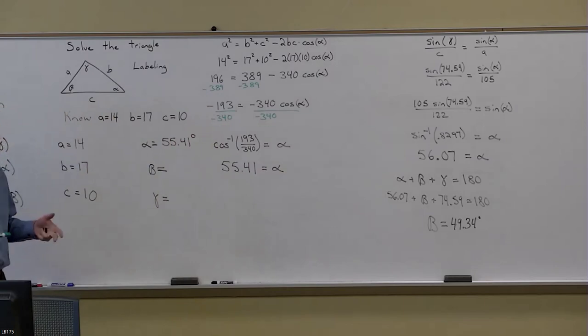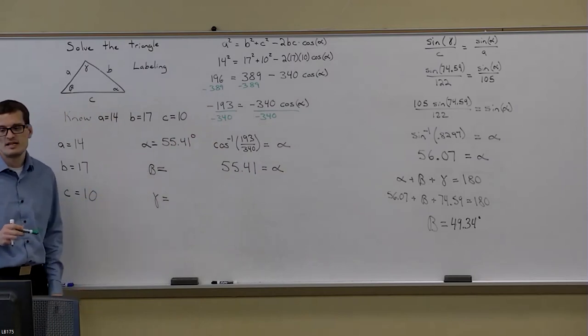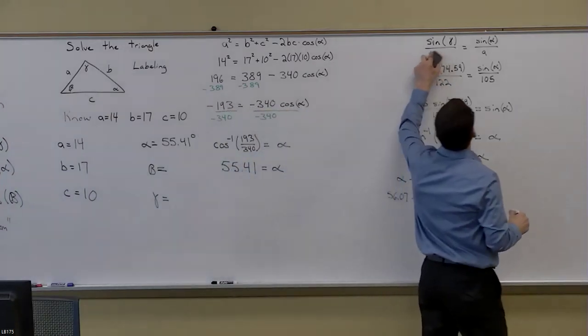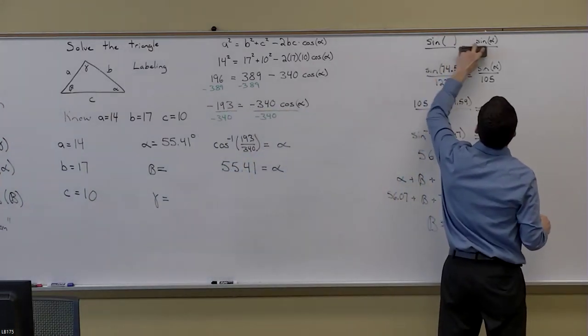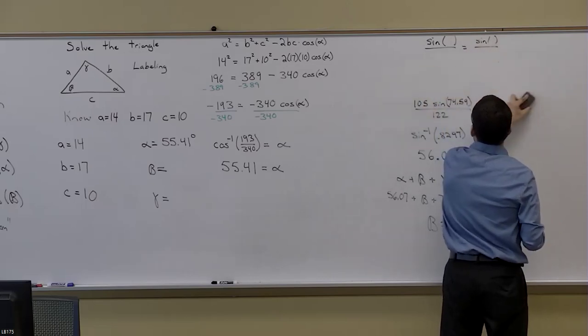And then I have a choice. Do I want to find beta next or do I want to find gamma next? And again, it doesn't matter. I'll go beta because that's the order.